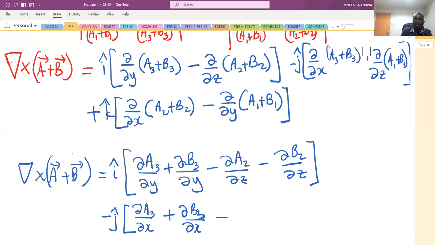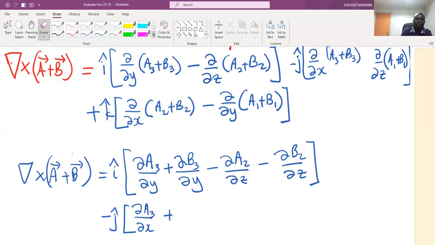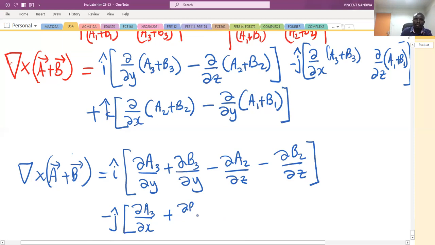This must be minus. So this partial B3 partial x minus partial A1 partial z minus partial B1 partial z.